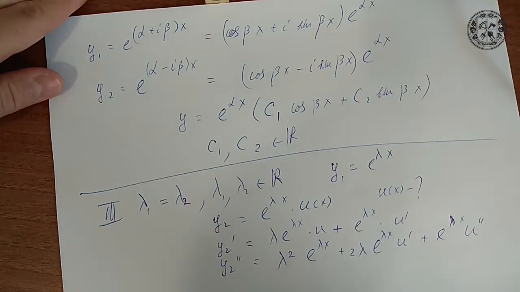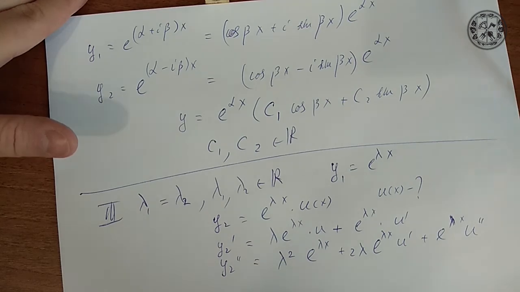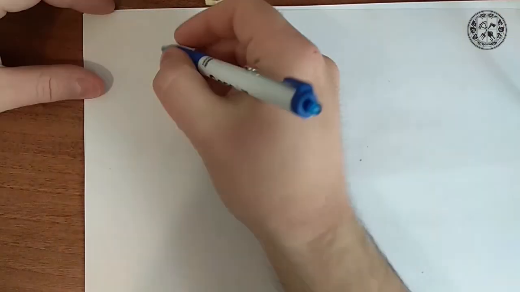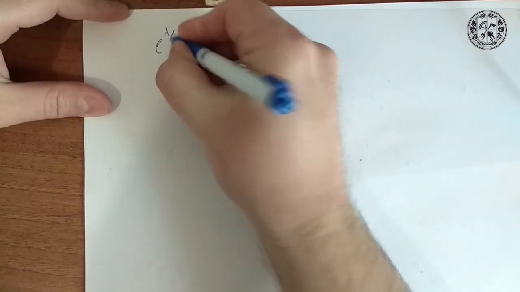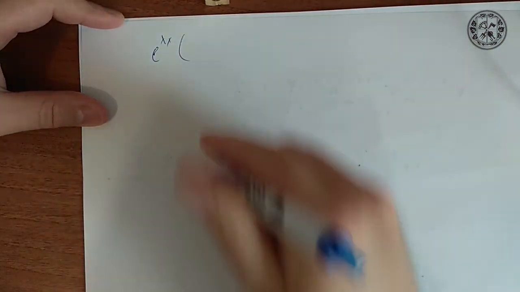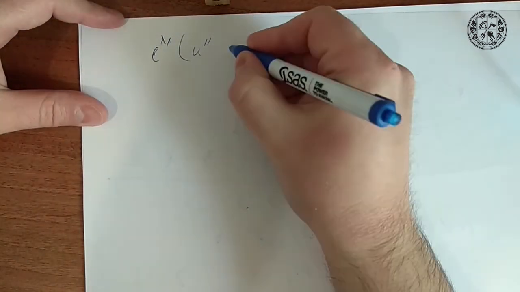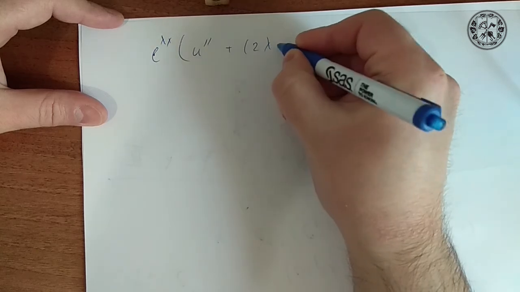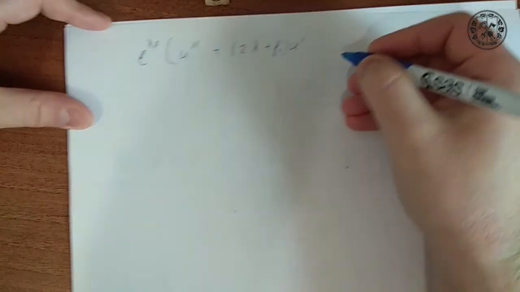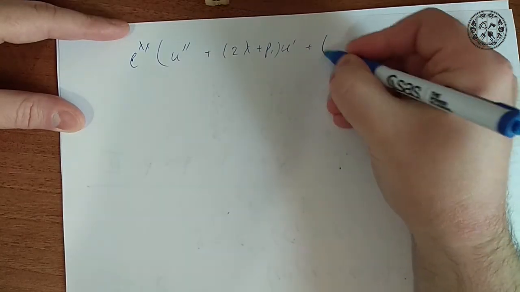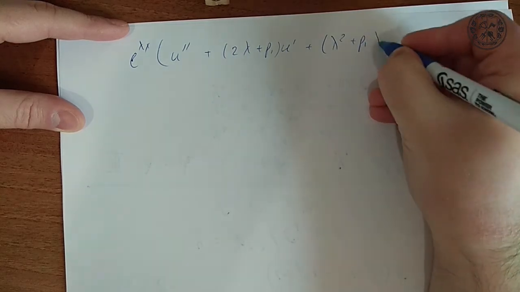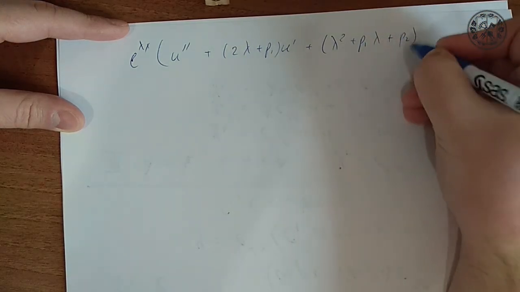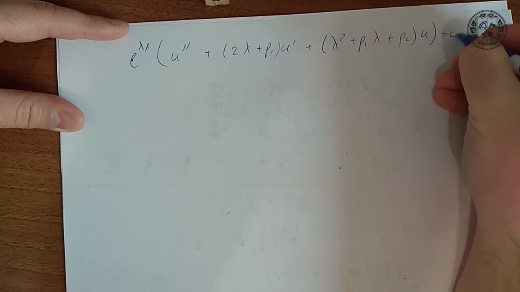Then, if we substitute these formulas in our initial equation, e^(lambda x) can be moved out of brackets: u double prime plus (2 lambda plus p1) u prime plus (lambda squared plus p1 lambda plus p2) u equals 0.